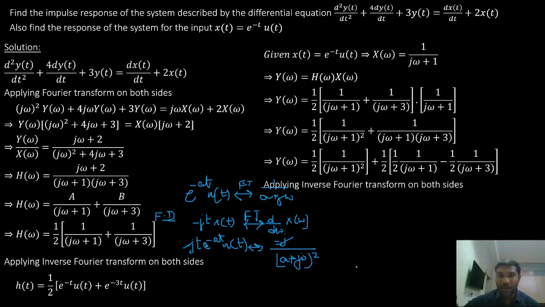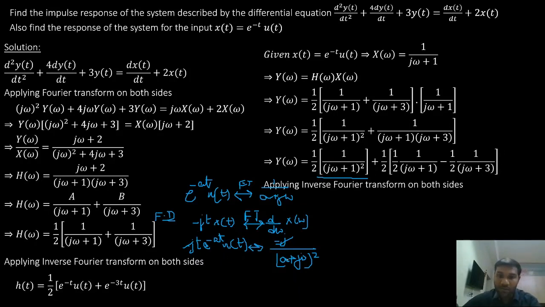Now if I apply the inverse Fourier transform on both sides, for the first term 1 by 2 is a constant, so I'll just write 1 by 2, and the inverse Fourier transform of 1 by (j omega plus 1) whole square.